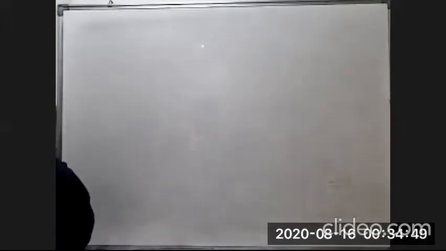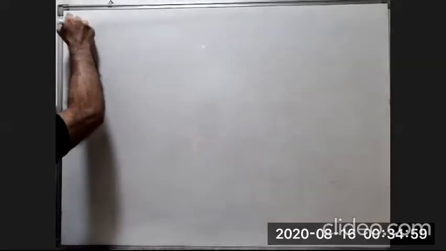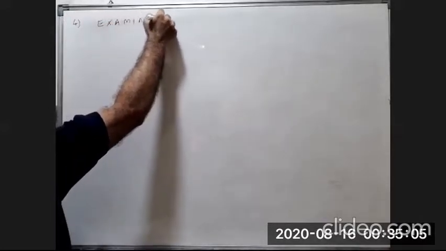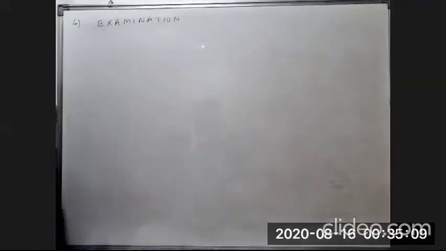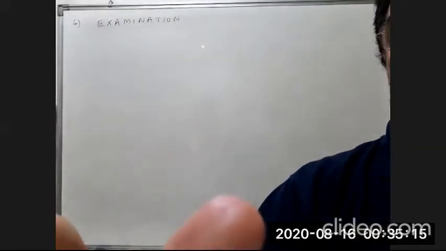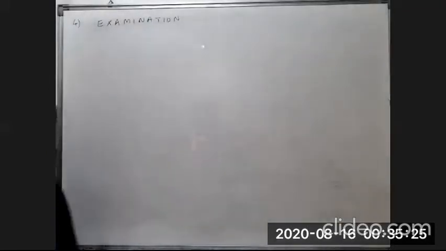If the different permutations of all the letters of the word examination are listed as in a dictionary, how many words are there in this list before the first word starting with E?